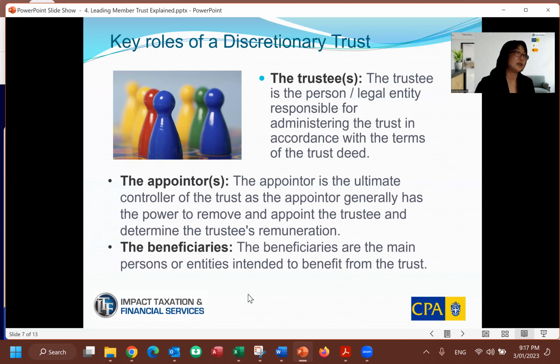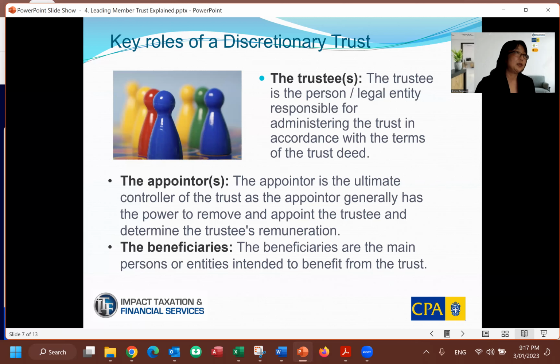The third role is the beneficiaries. The beneficiaries are the main persons or entities intended to benefit from the trust. They include not only individuals or natural persons, but also entities.